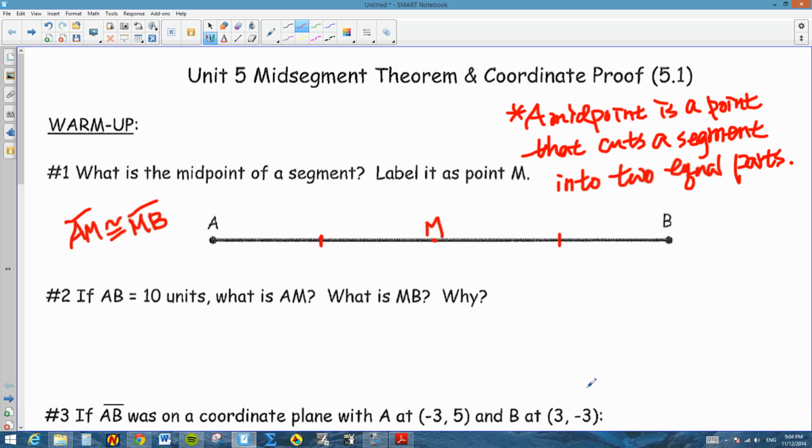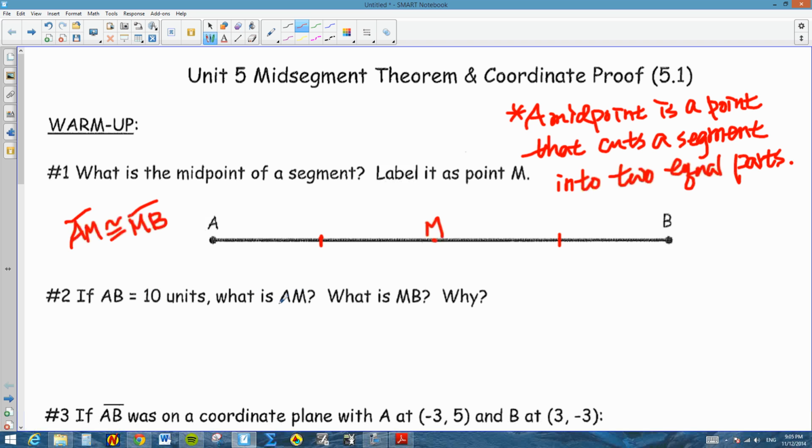So number 2, if AB equals 10 units, what is AM? Remember, if you have nothing on the top, it means the length of segment AB equals 10 units.